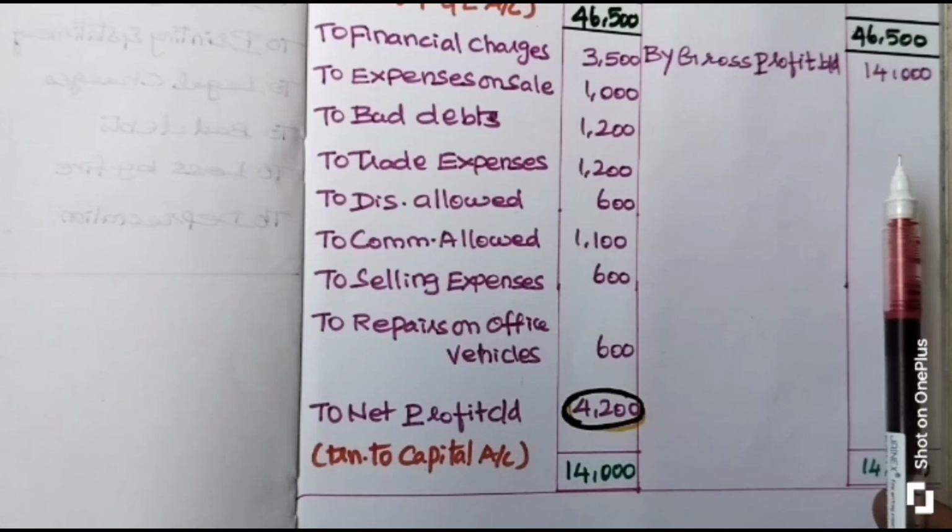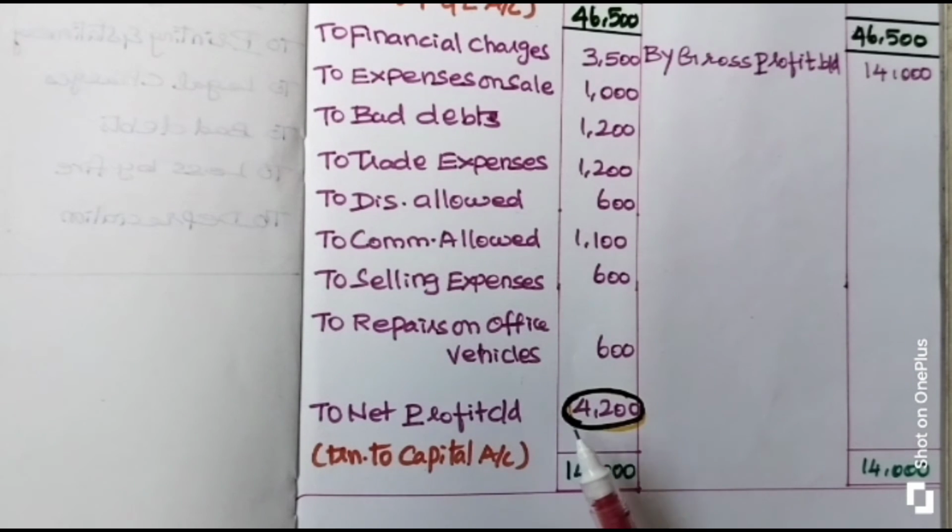For this sum you have the higher value on the credit side, so you will get net profit on the debit side. 4,200 rupees is the net profit carried down. Against the 4,200 you write net profit carried down. Then you have to transfer that net profit into the capital account in the balance sheet.